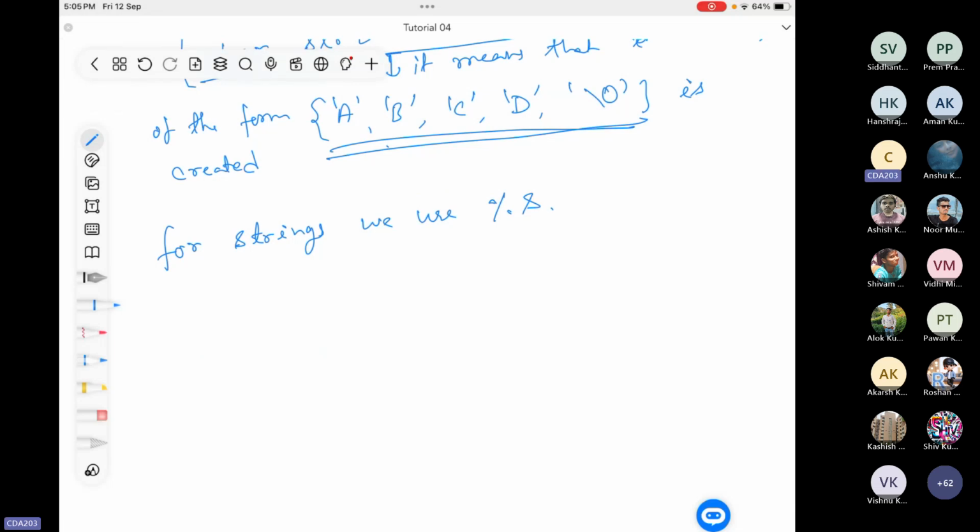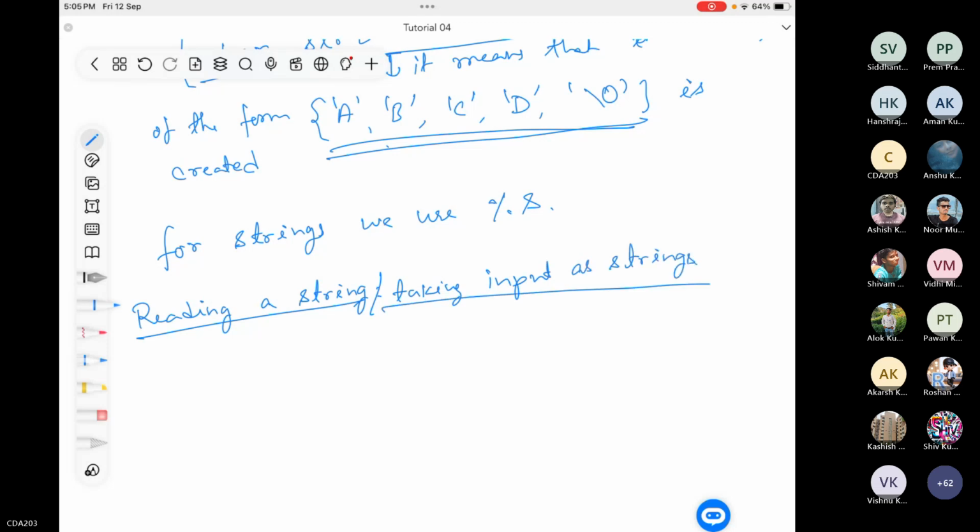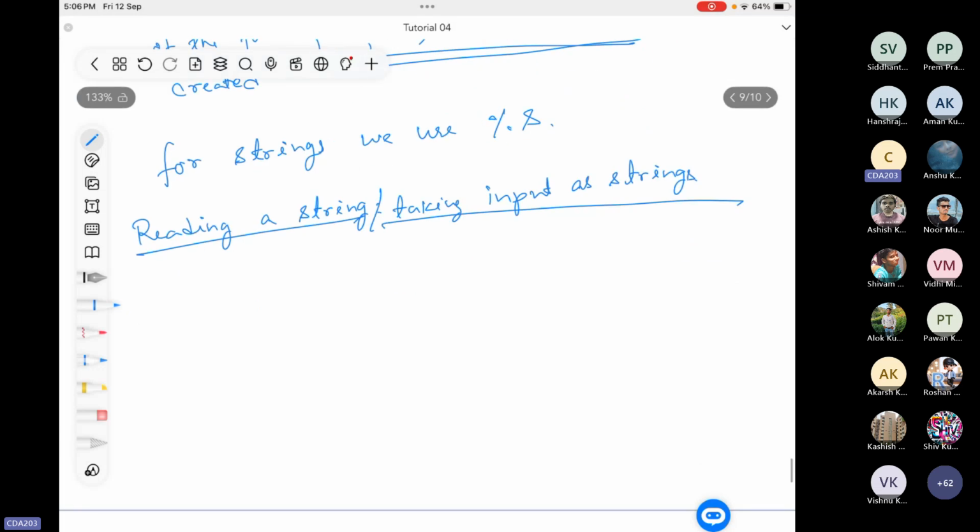So how to read a string? We have seen that we use the scanf function for taking inputs.